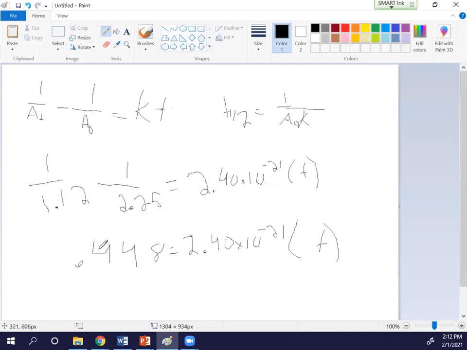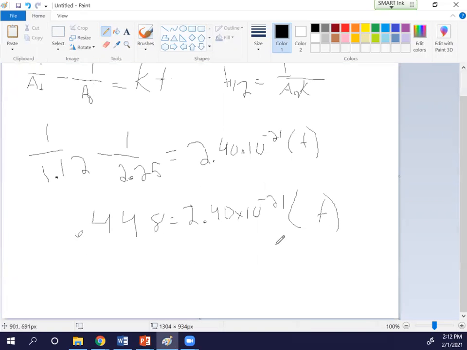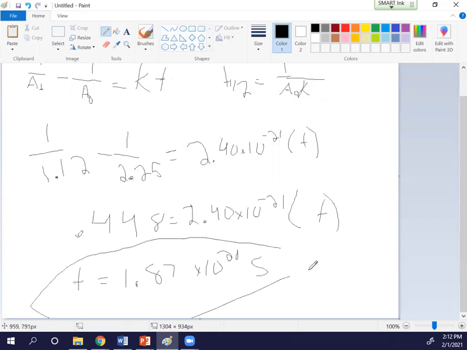Alrighty, and then t equals 1.87 times, what are my units? What was the time unit in k? It was in seconds, so this would be in seconds, okay?